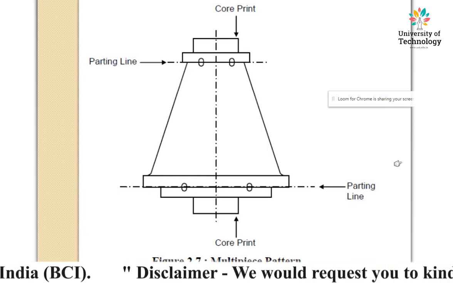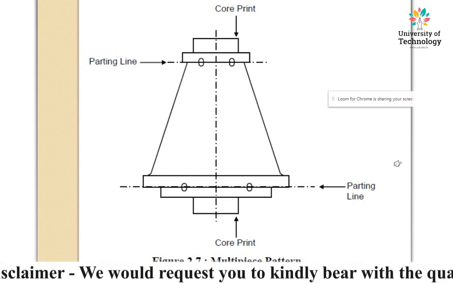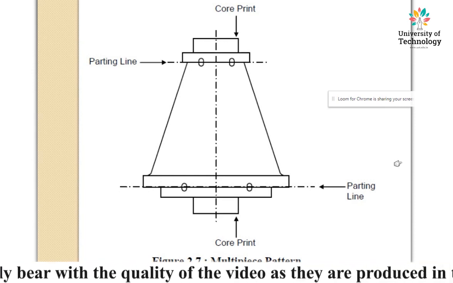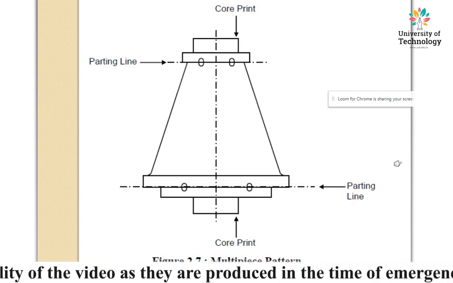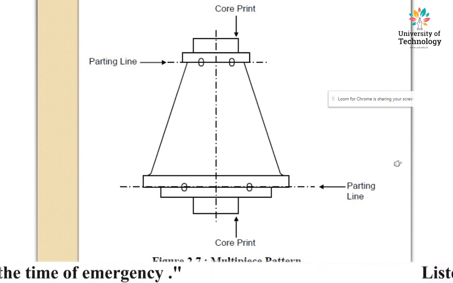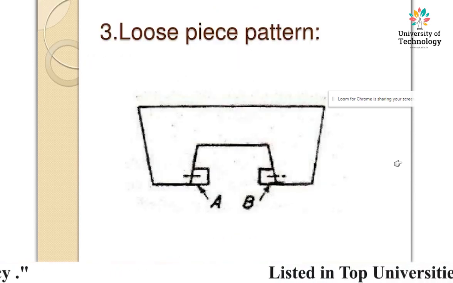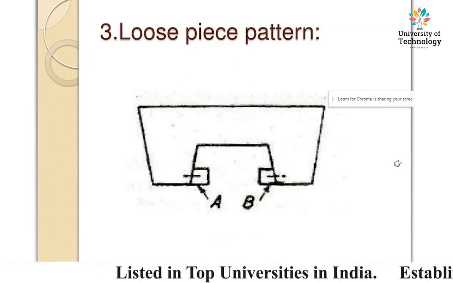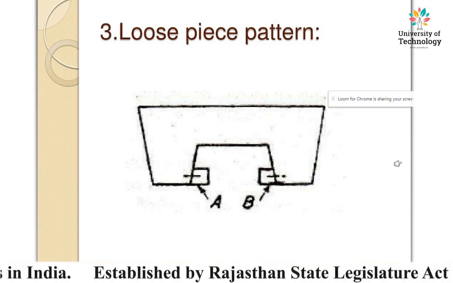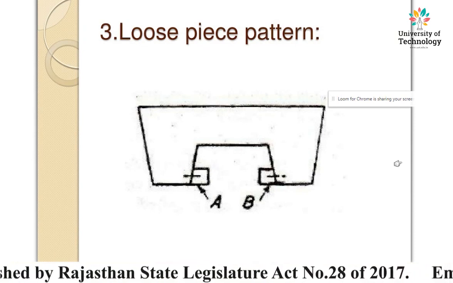A multi-piece pattern means it is assembled from different parts of the particular pattern. That type of pattern is used in complex shape castings. A loose piece pattern also uses two or three pieces of the particular pattern.